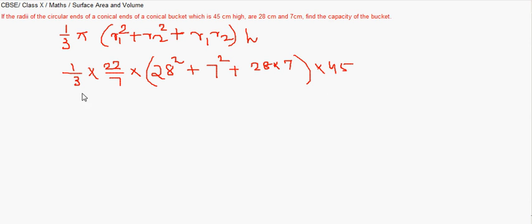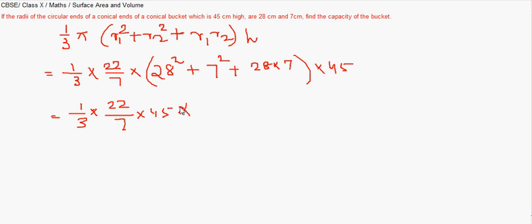Now if I cancel or I solve, what can I do? If I carry this 45 here, because this is equivalent to writing it like this, right?